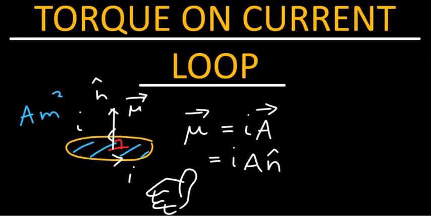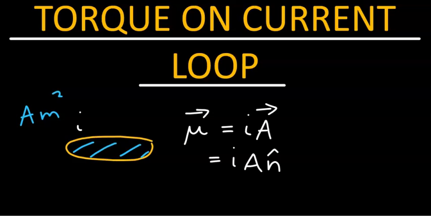A simpler way of determining the direction of this magnetic moment is by using the right-hand rule. Assume you grab this loop with your right-hand fingers, and your right-hand fingers curl in the direction of that electric current. The direction of your thumb represents the magnetic moment.